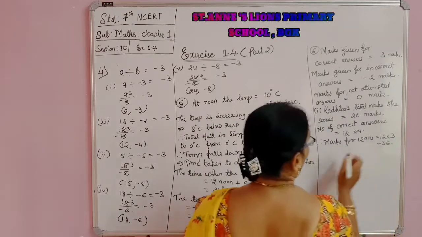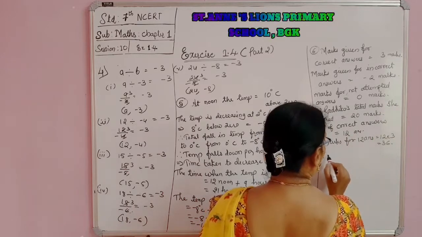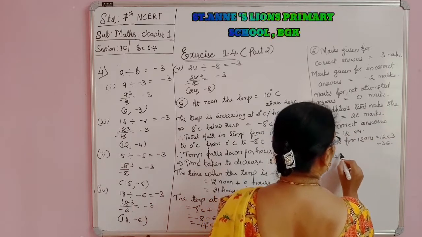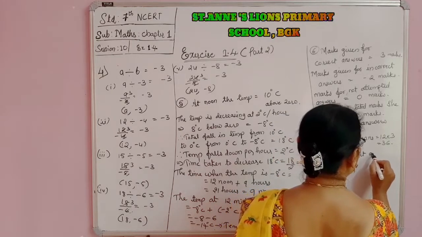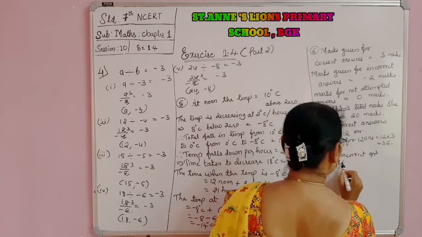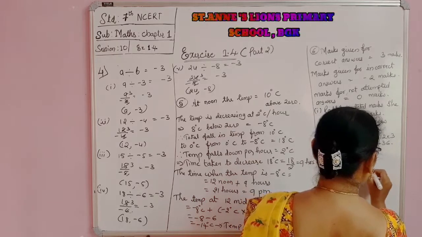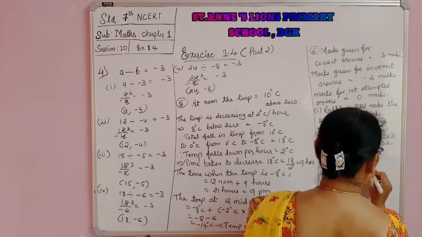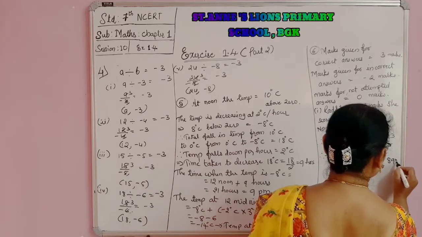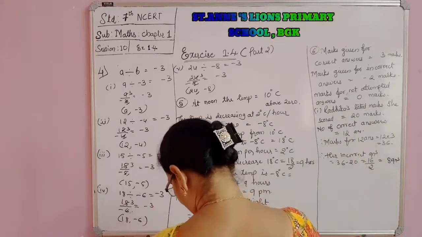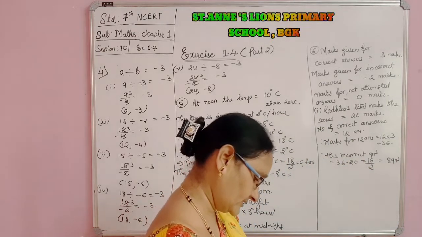Marks lost is 36 minus 20, which is 16. 16 divided by 2, because we have to find the incorrect questions. That is 8 questions are incorrect. This is the answer.